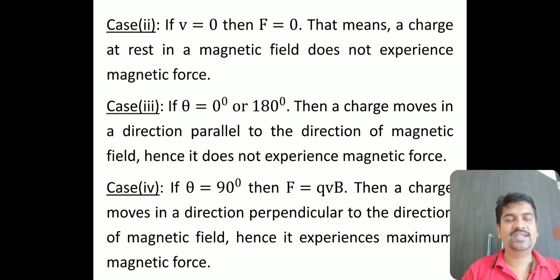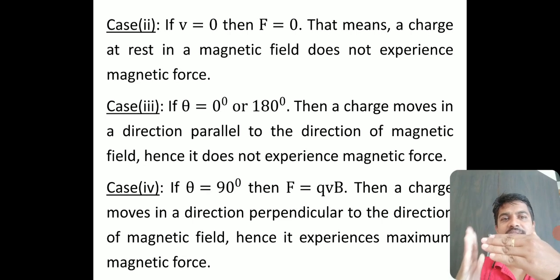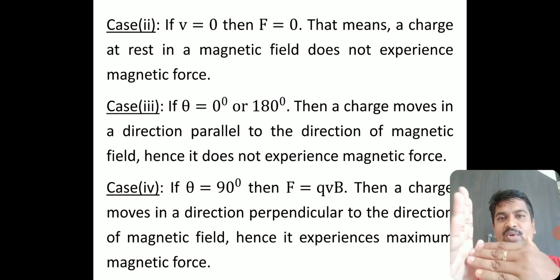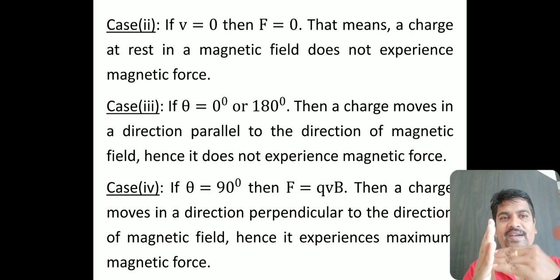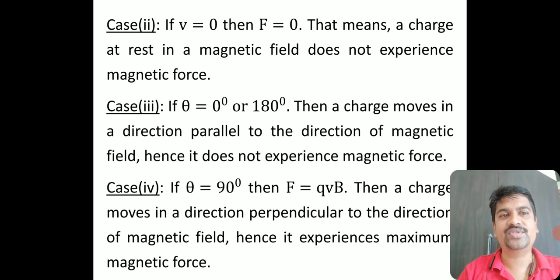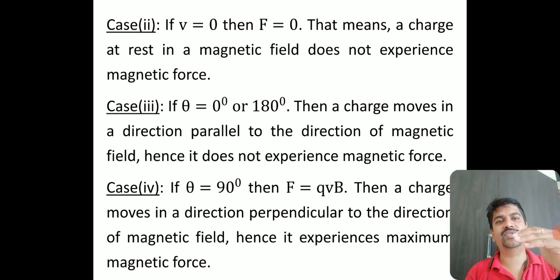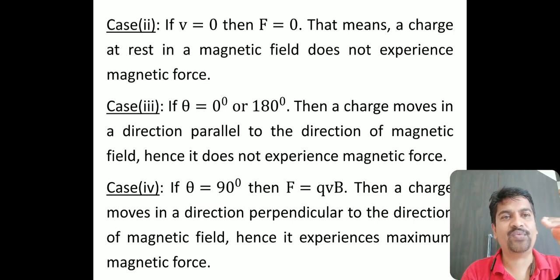In the fourth case, if I look at the angle 90 degree, suppose the angle between magnetic field and the velocity is 90 degree, the charged particles are moving perpendicular to the direction of magnetic field. In such a case, the charged particle will experience a maximum magnetic force, and the maximum force is F equals Bqv.